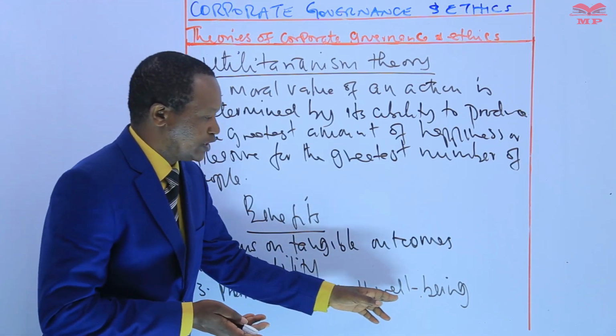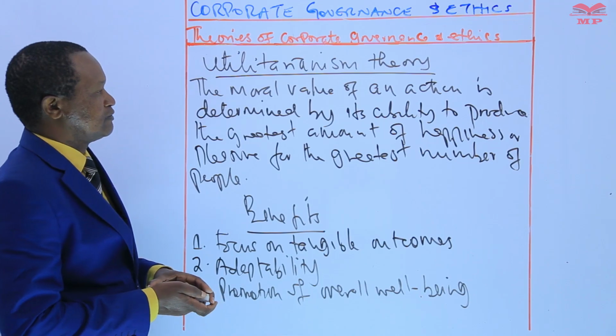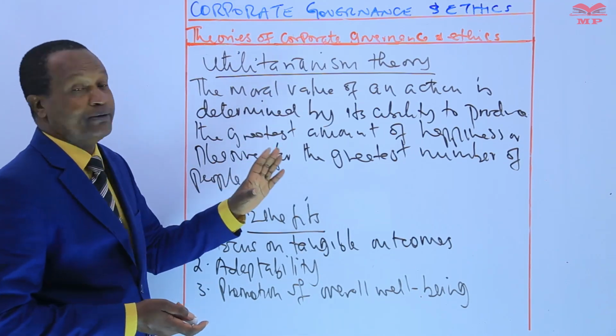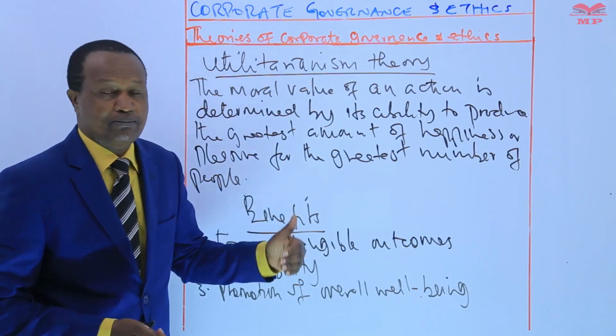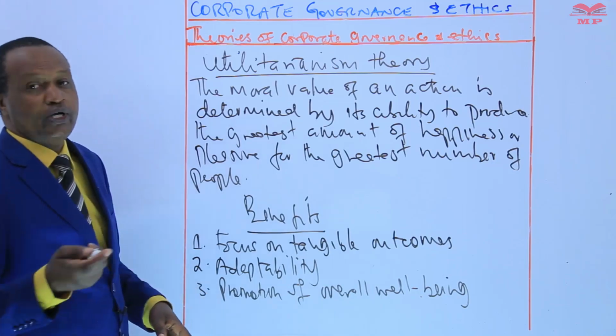Promotion of overall well-being, because we say that this theory suggests that an action should be one that produces the greatest amount of happiness to the greatest number of people. Promotion of overall well-being.